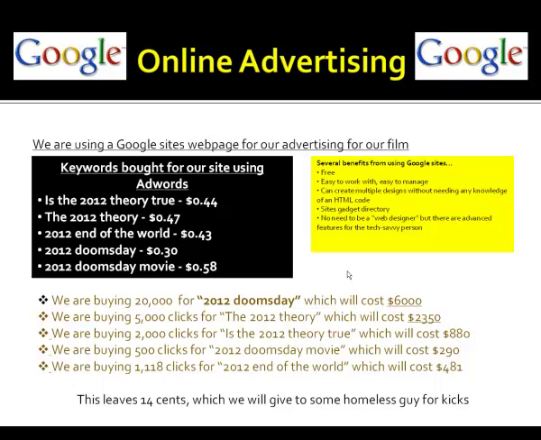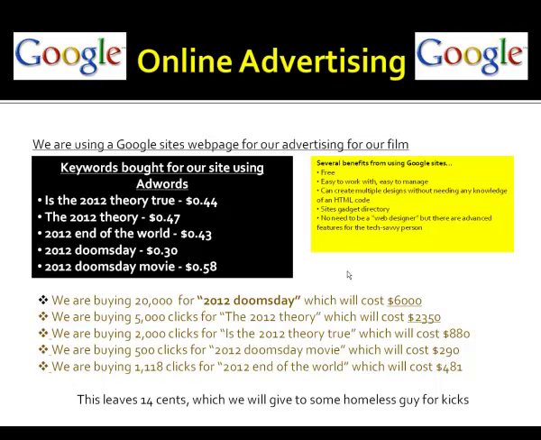So we have that list in gold there below that, which is basically going to be how many clicks we're going to buy based on which ones we thought were going to get clicked the most. We thought that 2012 doomsday, absolutely, for its price, we just went to town on that, and we bought 20,000 clicks for that, which ended up being, if you multiply 0.30 times 20, that's $6,000.